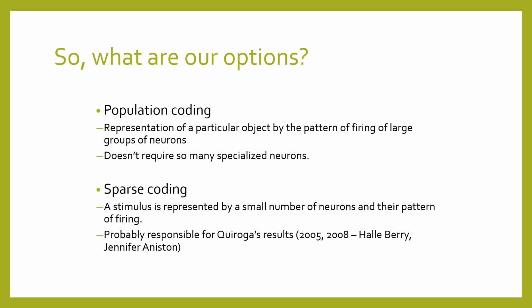So there's probably some relatively small population of neurons, and it's the pattern of firing of those neurons that tells me that this is Halle Berry. And so we see activation of this neuron for Jennifer Aniston and for Lisa Kudrow, but there's going to be some amount of difference in that pattern when we look across that, again, relatively small population of neurons.